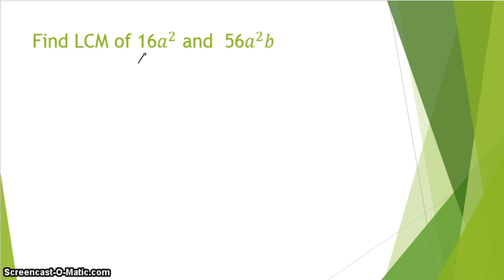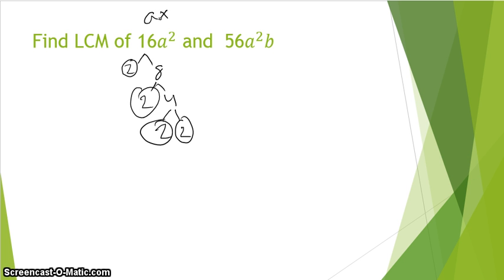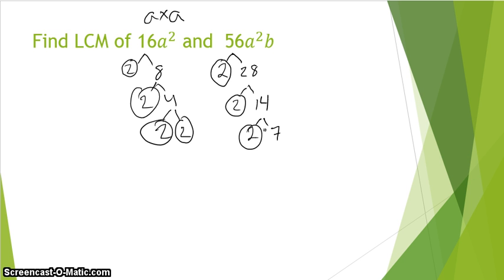So here we go. 16, I can do 2 and 8, 2 and 4, 2 and 2. And then a squared is just a times a. 56, I can do 2 and 28, 2 and 14, 2 and 7.